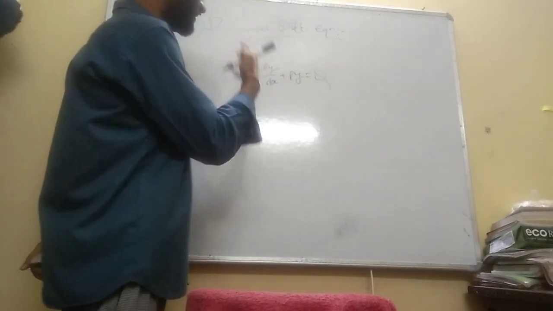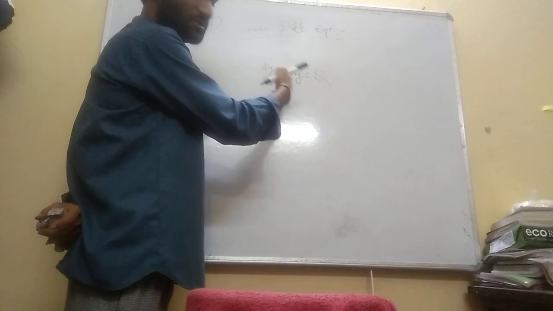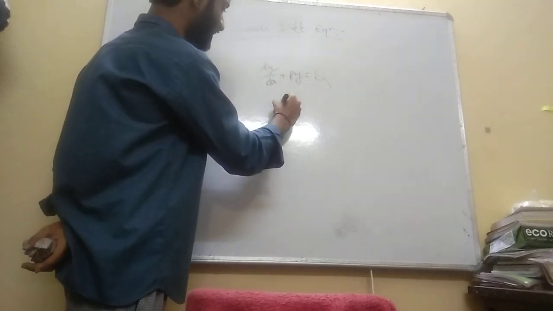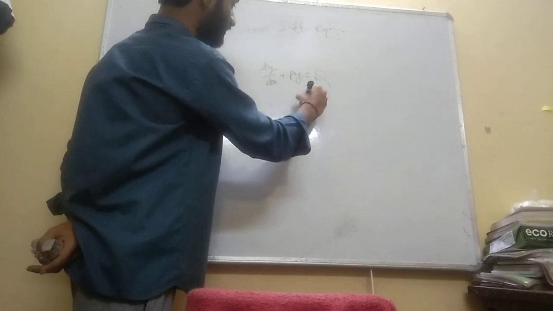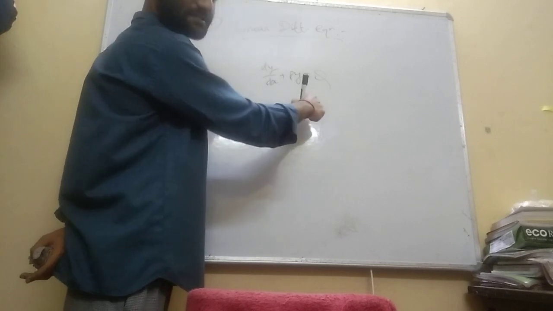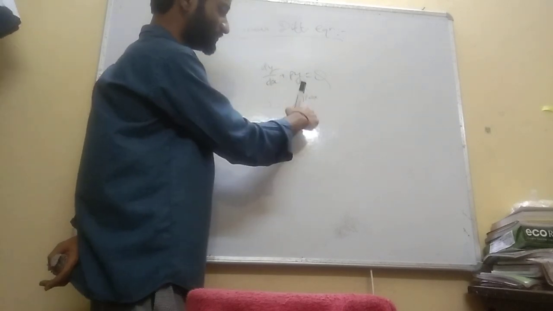First of all, we arrange the differential equation in this form, and then we find the integrating factor, which is e to the power integral of P dx. Integrating factor is equal to e to the power integral of P dx. When we get this, we proceed.